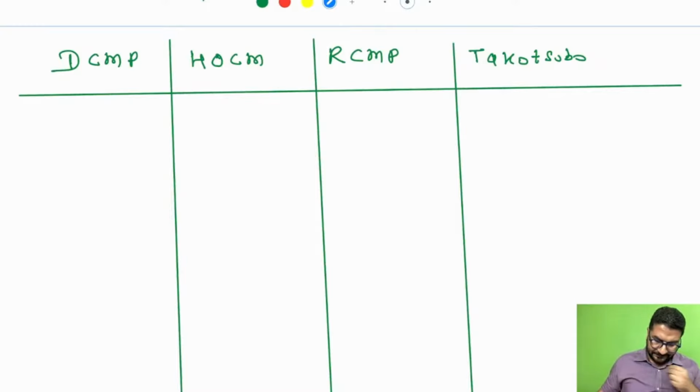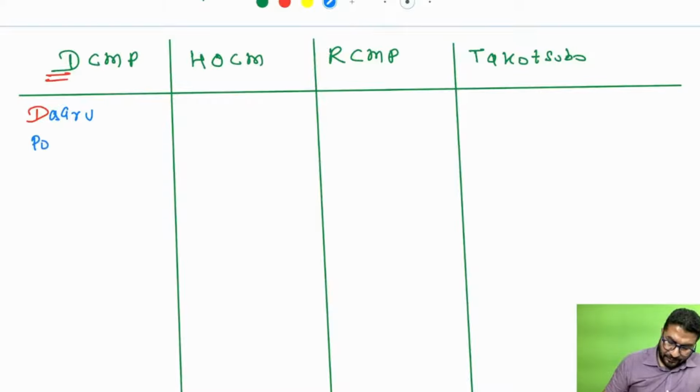So understand this. Dilated cardiomyopathy: here the most common cause is alcohol. What are other important causes to remember? It could be postpartum or post pregnancy.